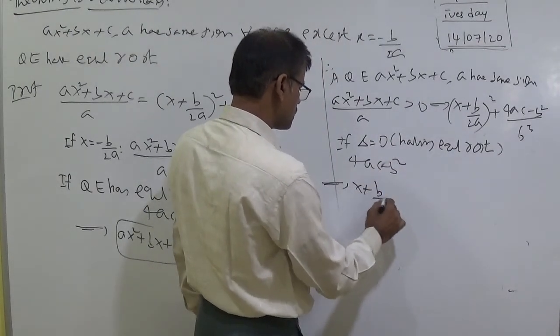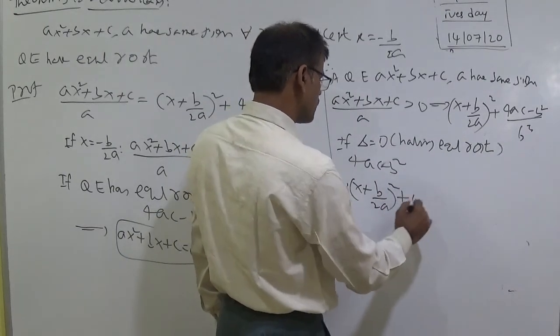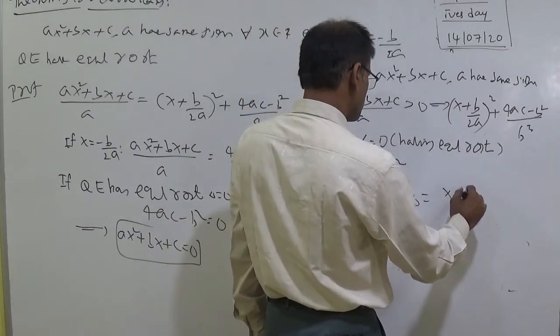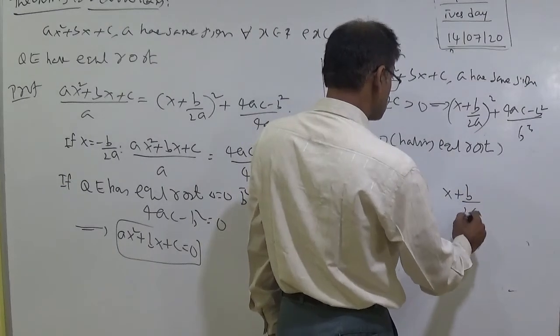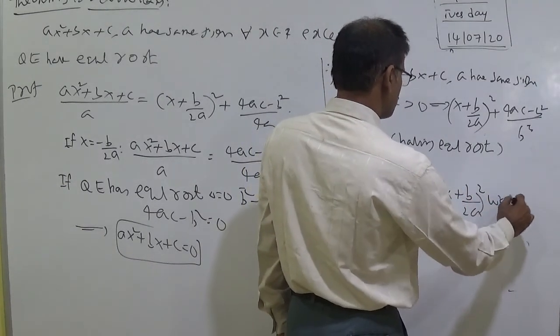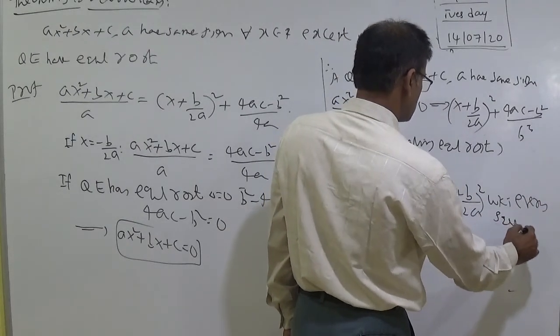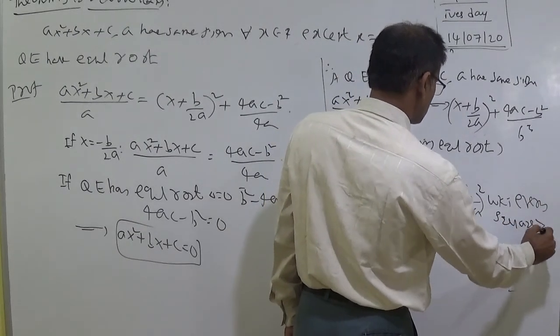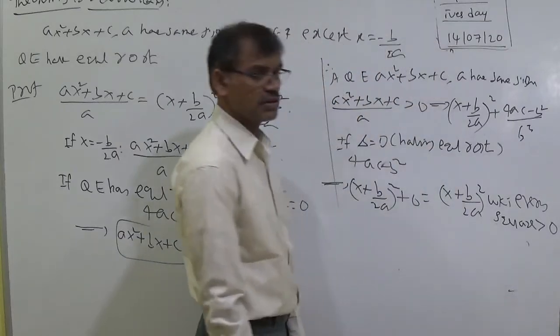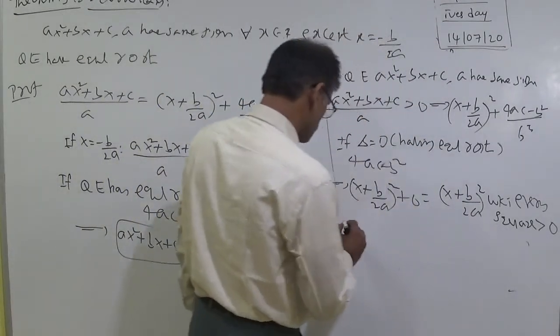So you can understand here x plus b by 2a whole square plus 0. So what is happening? You can write x plus b by 2a whole square. We know that every square is greater than or equal to 0, but here you should not use greater than or equal to, because whenever it is equal to 0 you can raise the same question. Every square is greater than 0.